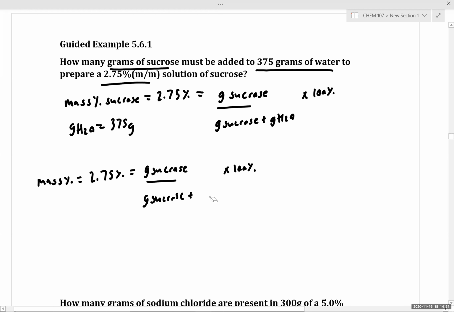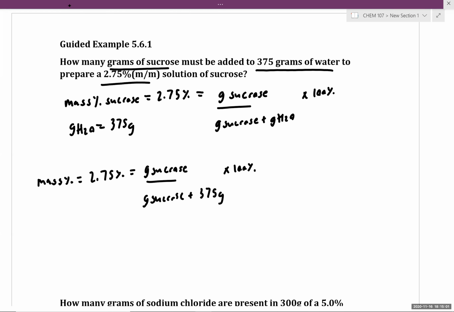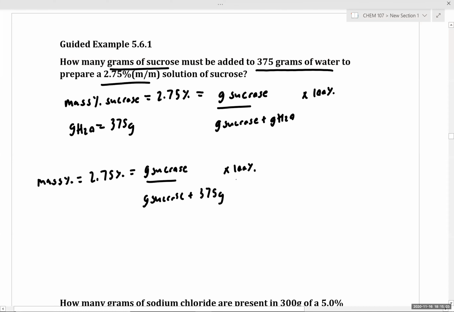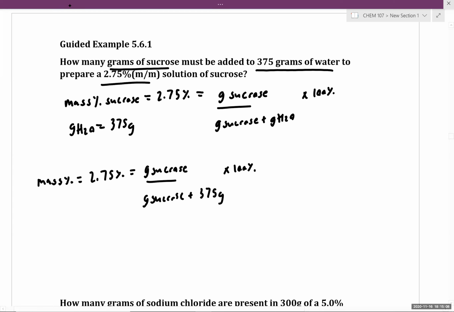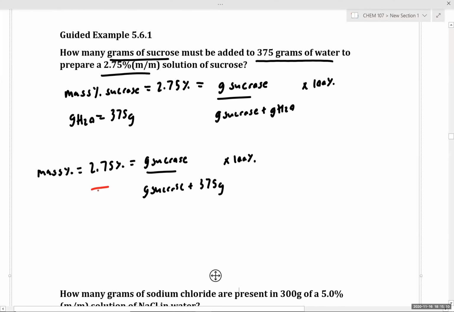And we can plug in our 375 grams for the grams of water. And now all we have to do is solve algebraically. First things first, we can divide both sides by 100, and that clears up our 100%.